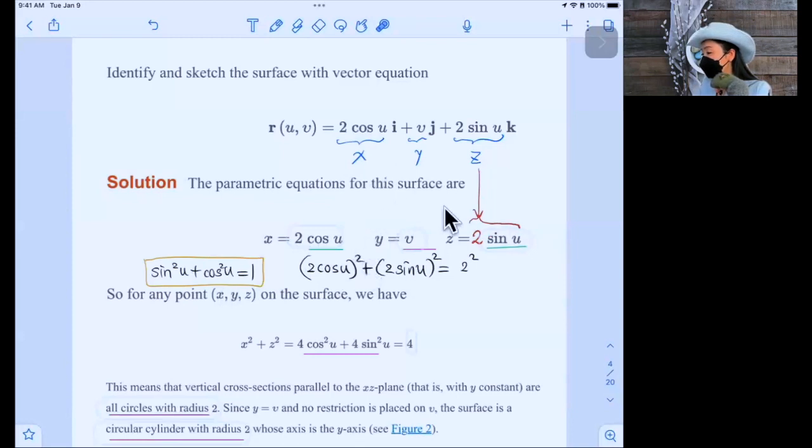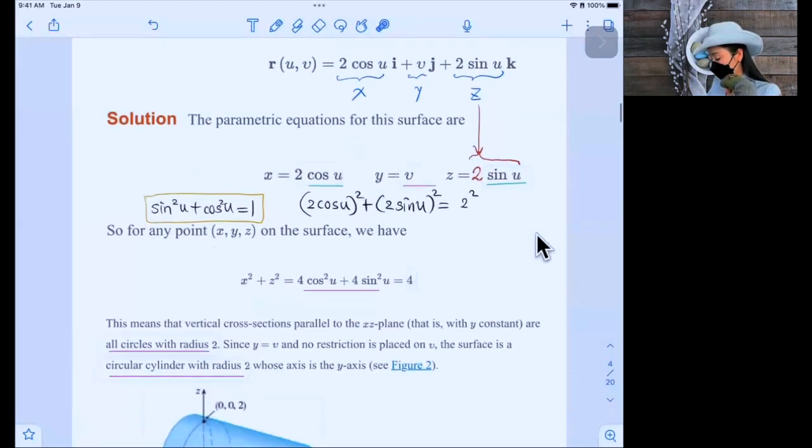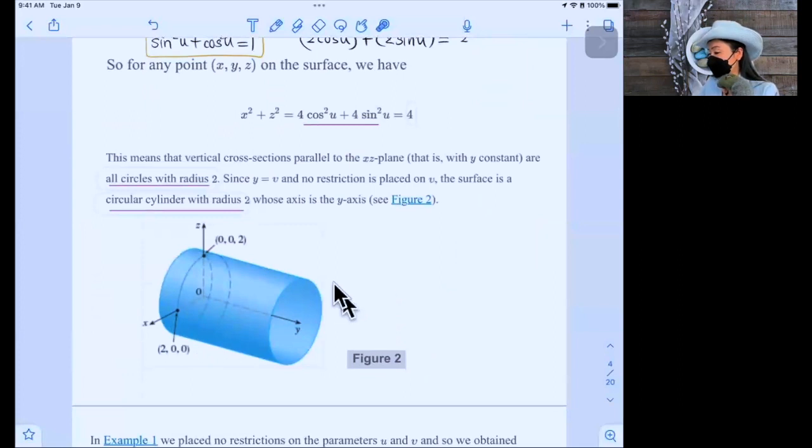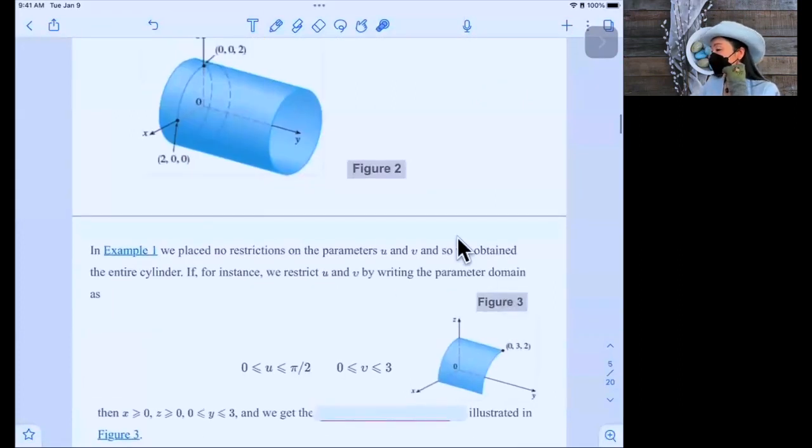They describe the same surface, which is this one. Question? In this example, remember we didn't put a restriction on the parameters u and v. So this cylinder is going to extend forever.